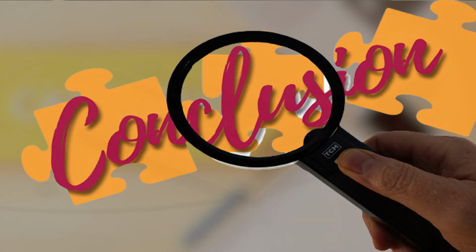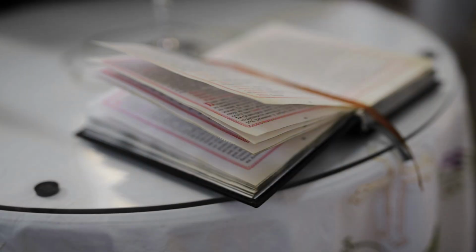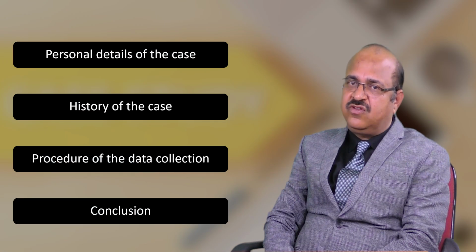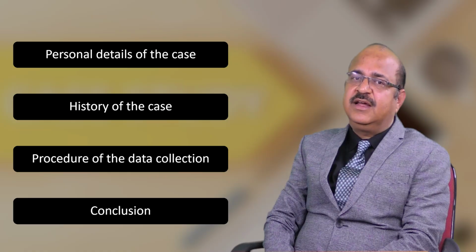So this report writing, let me tell you one thing, is slightly different from any other research report which we write. It does not have all those aspects which we have listed under writing the formal research report or action research report. So report writing for a case study is slightly different, and the teacher needs to look into these four major aspects: personal details of the case, history of the case, procedure of the data collection, and finally conclusion.